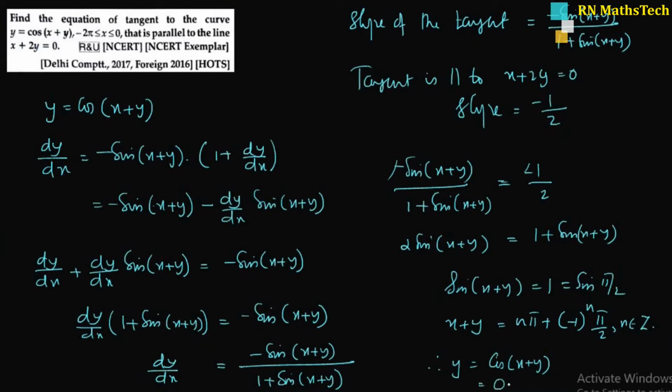So y is equal to 0. Now when y is equal to 0, we have the angle. X is in between -2π and 0. So when y is equal to 0, x is equal to nπ + (-1)^n × π/2. So the angle in this interval is when n is equal to -1. Put n = -1, that is x is equal to -3π/2.